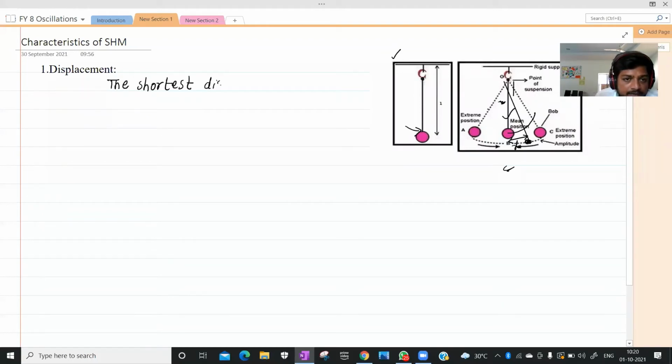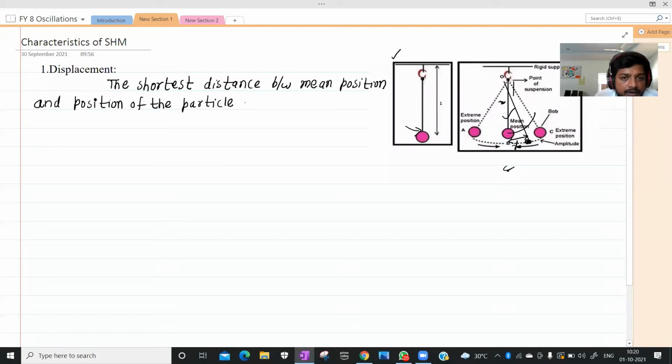I will write the shortest distance between mean position and position of a particle at any instant of time.